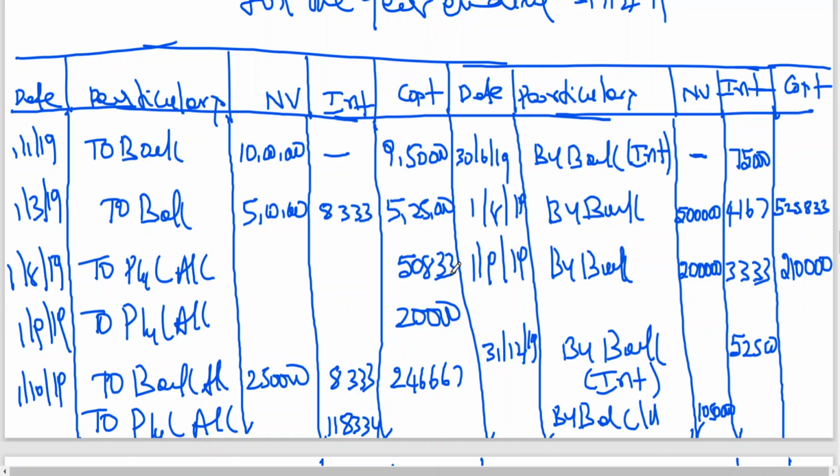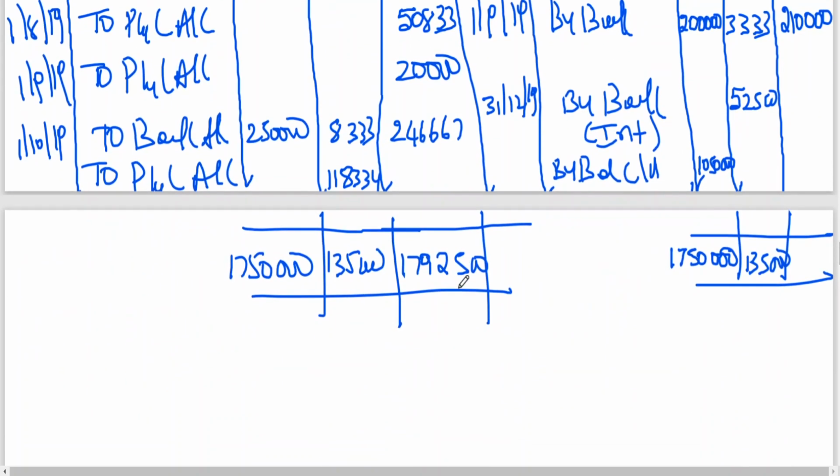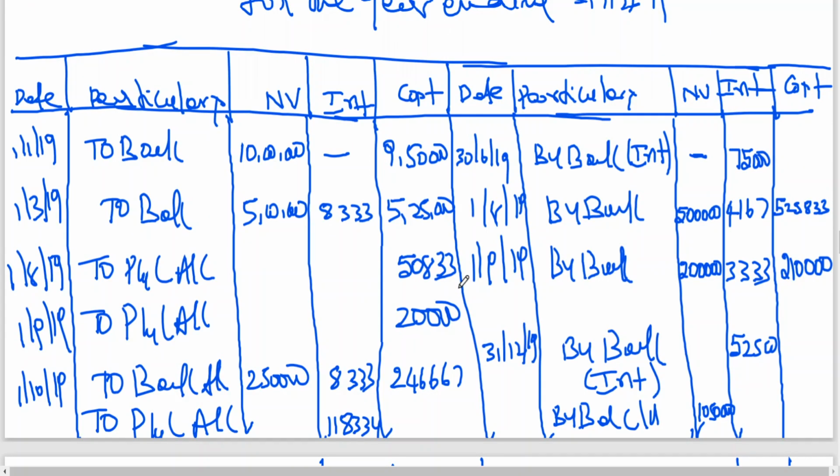Then 3,000 plus 9,25,000 plus 3,833 plus 20,000 plus 2,46,000 minus 20 lakhs, minus 2 lakhs 10.